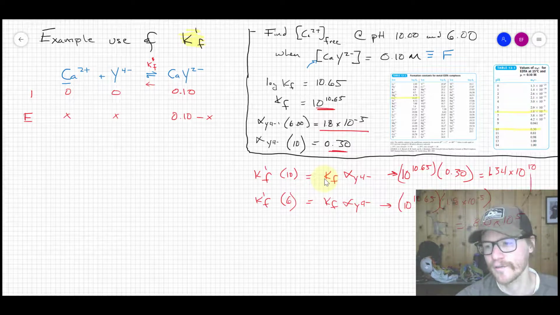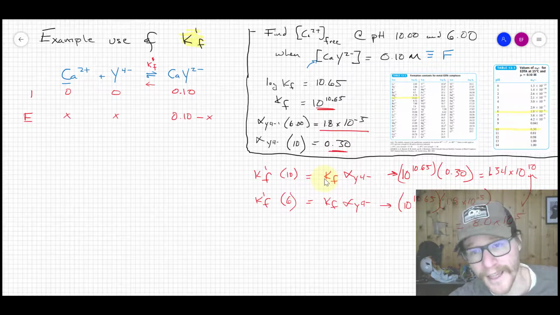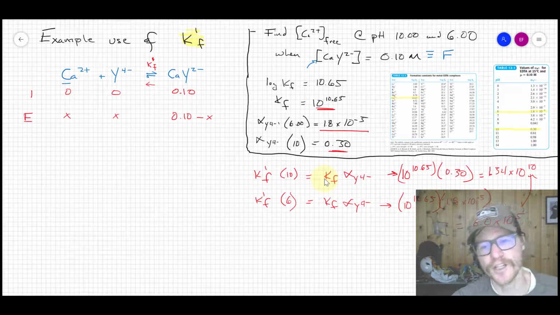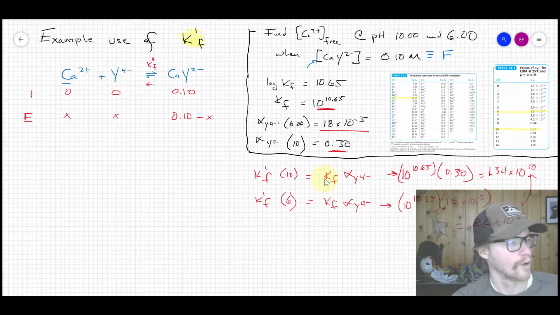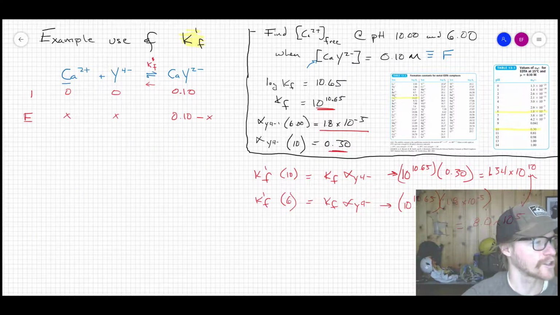So conditional formation constants change by about 5 orders of magnitude simply by the pH, which makes sense because the concentration of Y4 minus at pH 6 is much, much lower, almost non-existent, compared with it being the dominant form at pH 10.